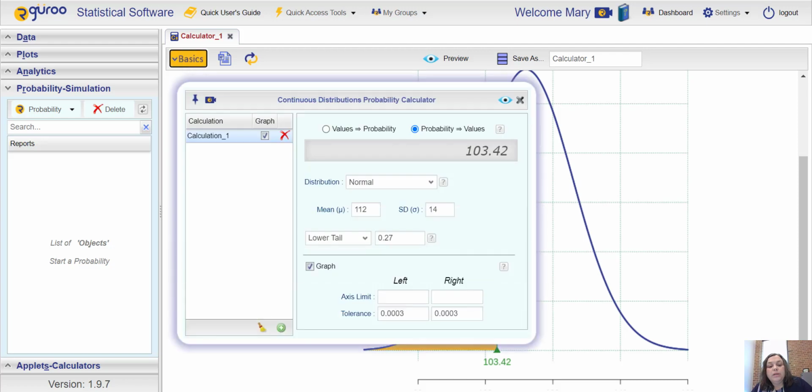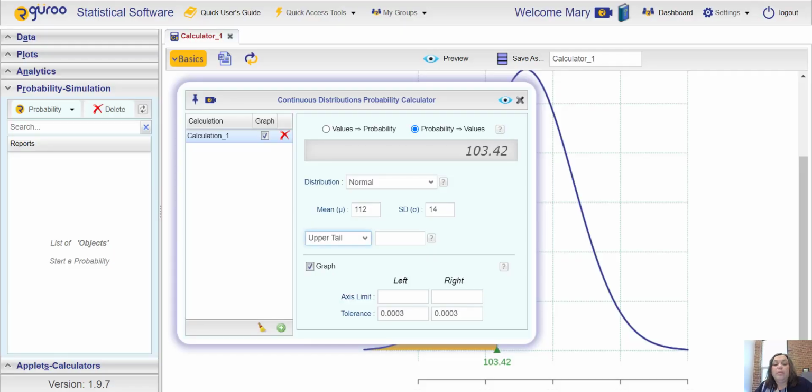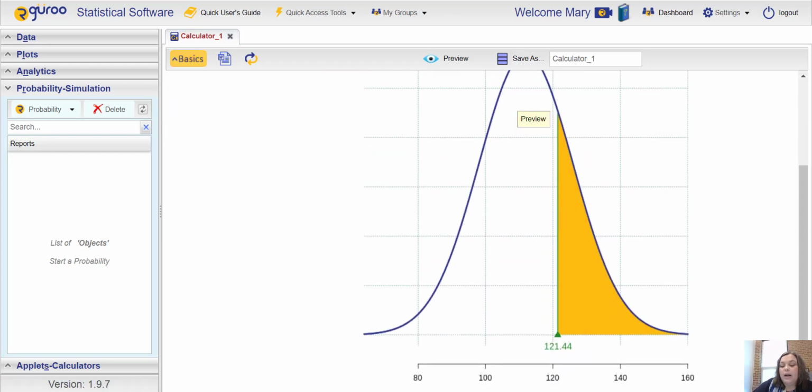So upper would still be InvNorm, or in this case, probabilities to values. And we would be doing the upper tail. So what we're saying is find the boundary for the upper 25%. So upper would be upper tail, and 25% would be 0.25. So we should see shading to the right, which we do. That upward shading is 25%, and the boundary for that is 121.44.